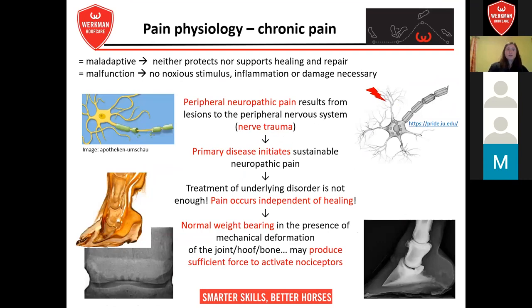And then suddenly all the painful events are not in a normal way. So you have a maladaptation. It's not really to protect the limb or the affected structure, it's just a too strong reaction of the pain system.